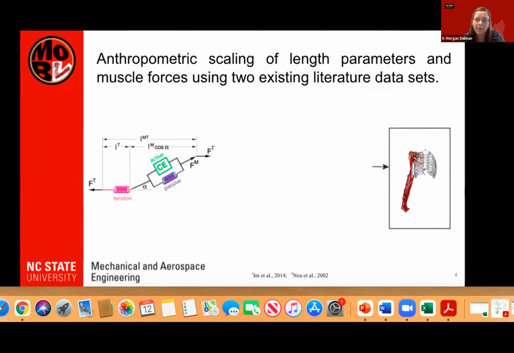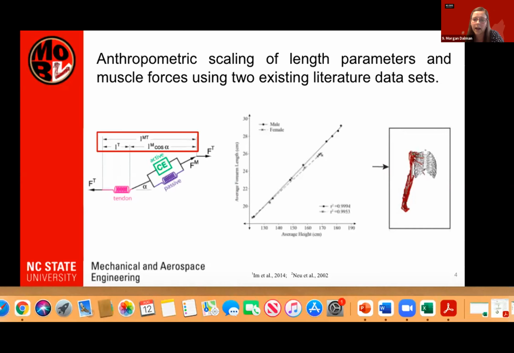Length dimensions in the model were scaled using linear regression to relate forearm length and heights of 366 children and adolescents between the ages of 6 and 23 years, as well as 107 of their parents between 29 and 40 years, for males and females using a previously reported data set from New et al.